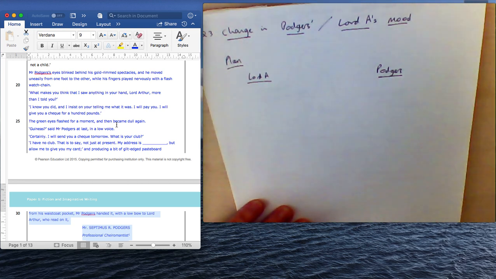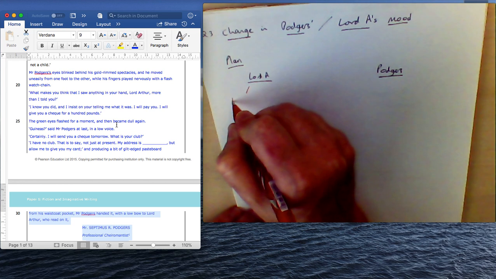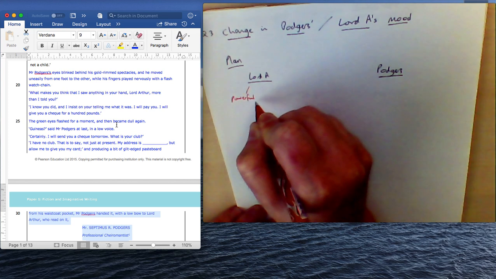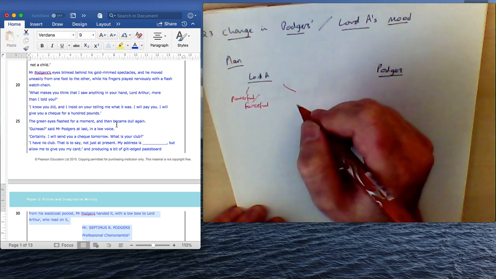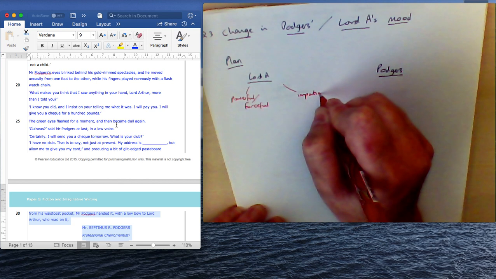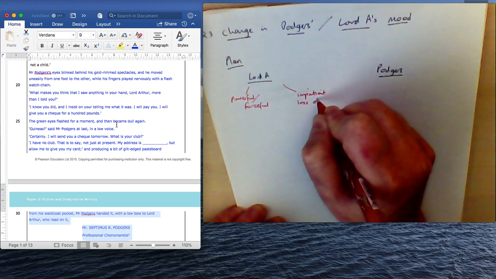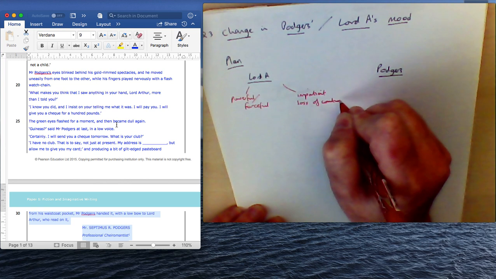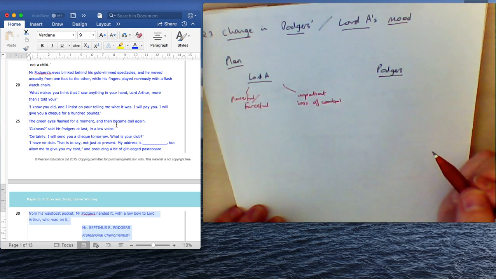Now, I'm going to write my structural points in red. Looking through this extract, I think at the beginning, Lord Arthur starts off as being quite powerful and forceful. Then towards the end, I would say he's impatient, and there's a certain loss of control in him.